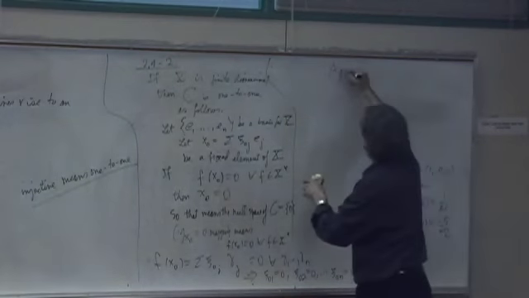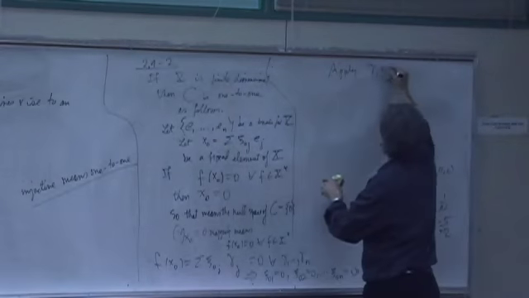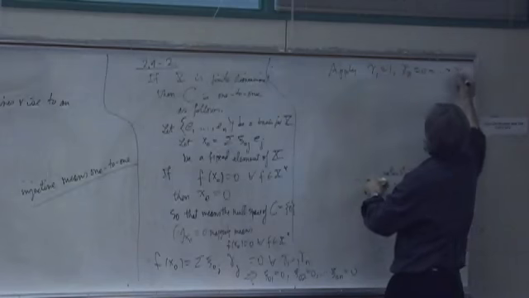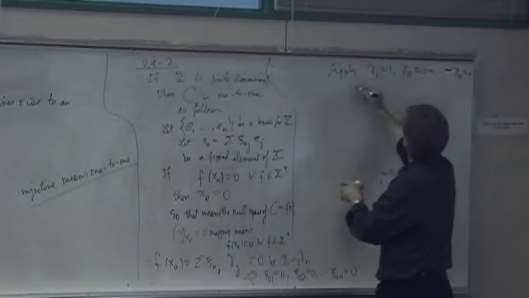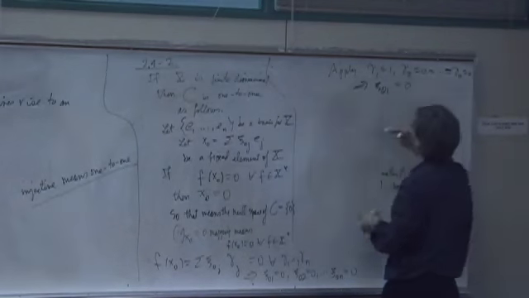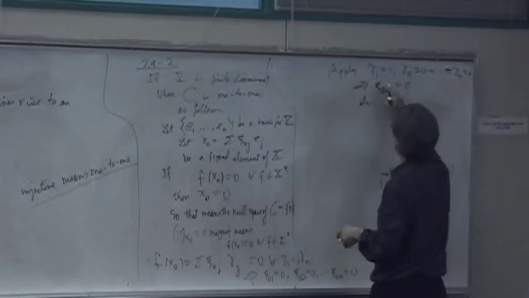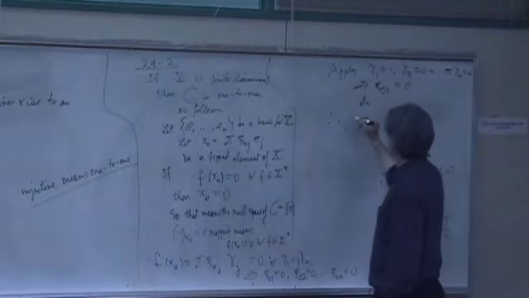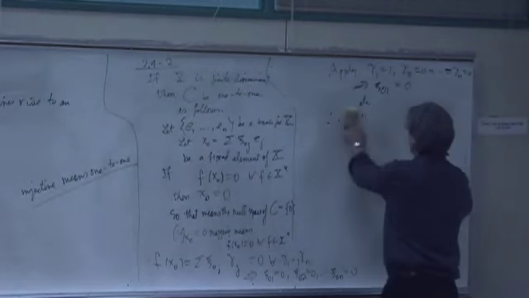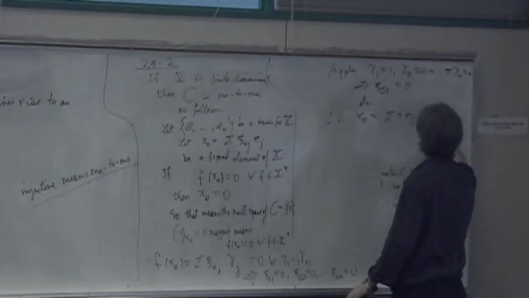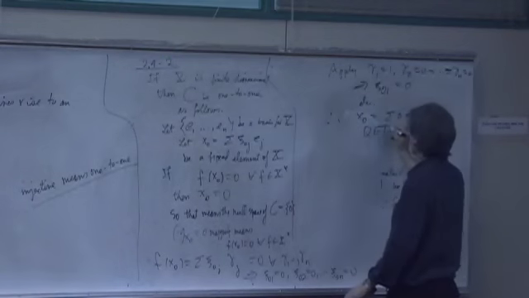Gamma 1 equals 1, gamma 2 equals 0, and so on, gamma n equals 0, to give that c01 equals 0, etc. Therefore, x0 equals summation 0 ej equals 0, which is what I wanted to show.